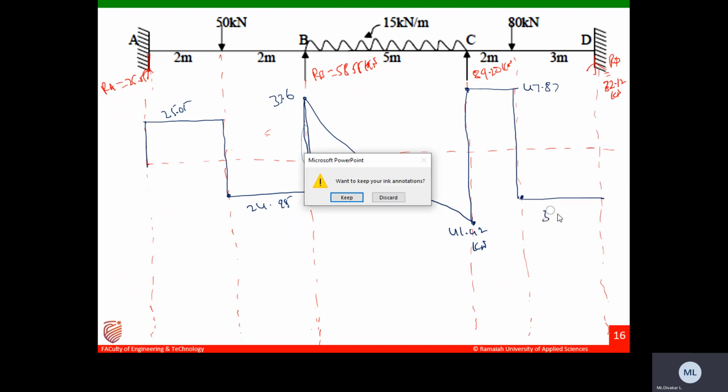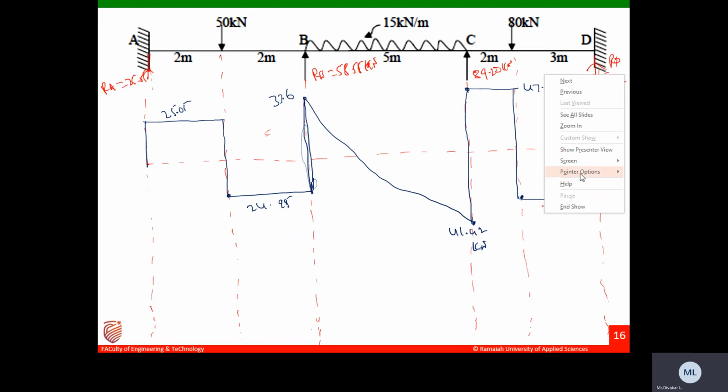So minus 32.12 plus 32.12, it will be 0. So this is the zero datum line. Like this, you started with zero, and we have to end with zero.